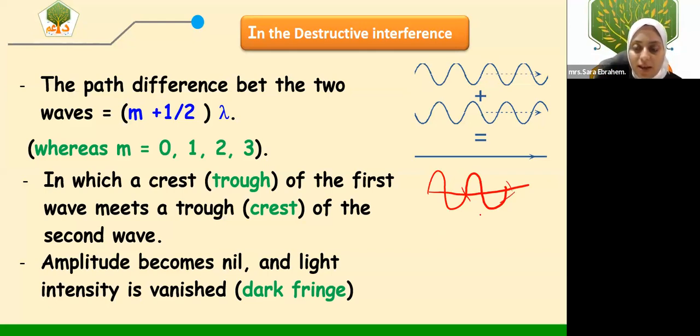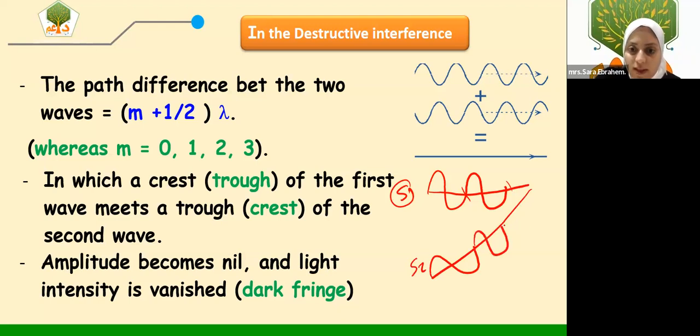And the second wave comes from slit 1 and comes from slit 2. Look, wave and second, and third. Look, at this point, that's wave 2 and a half.